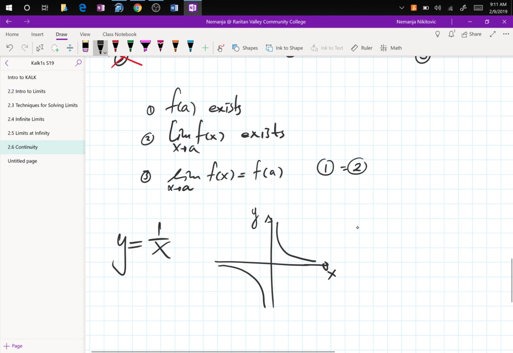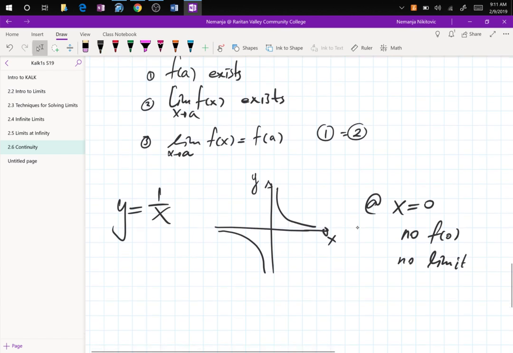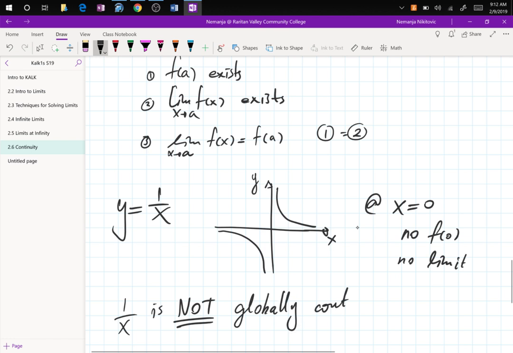There is no f of a at 0, and there is no limit also at x equals 0. So everything fails. So is 1 over x continuous? The answer is no. 1 over x is not globally continuous.